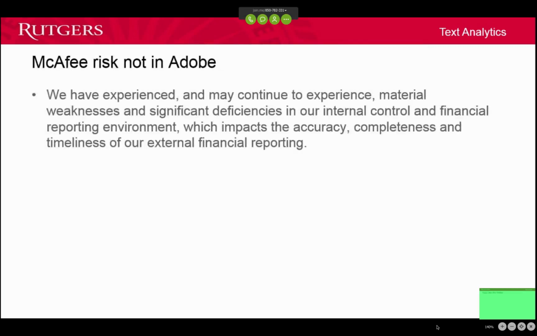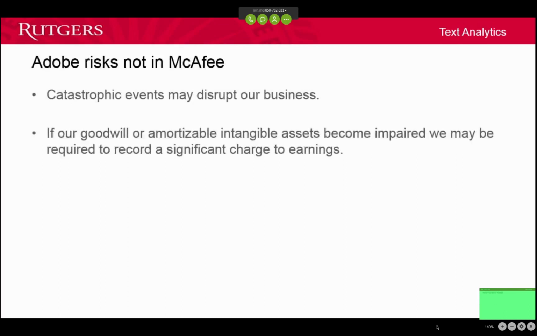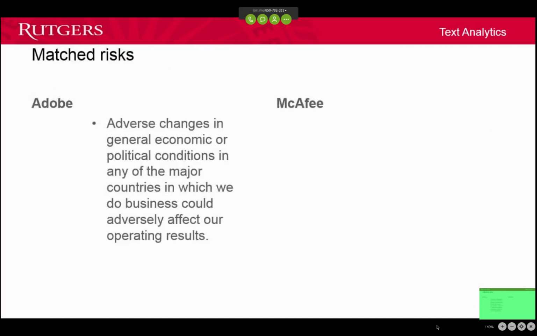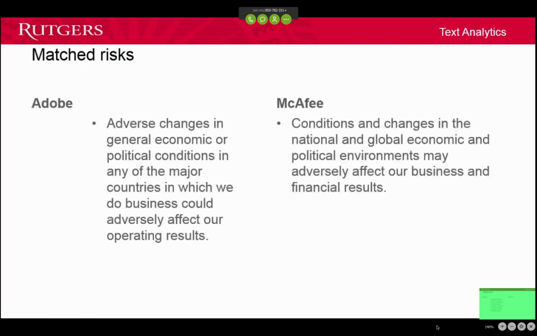First of all, there are some risks that McAfee used that Adobe didn't use. We don't need to read those. Okay, so here are two risks that are the same, all right? Even though they're worded quite differently. This was the strongest match I had.